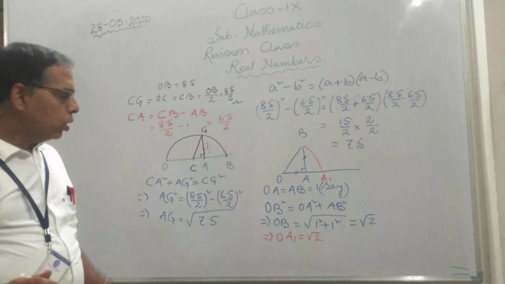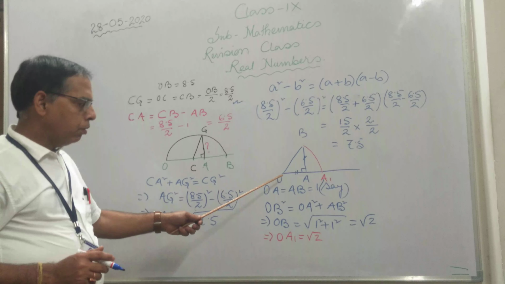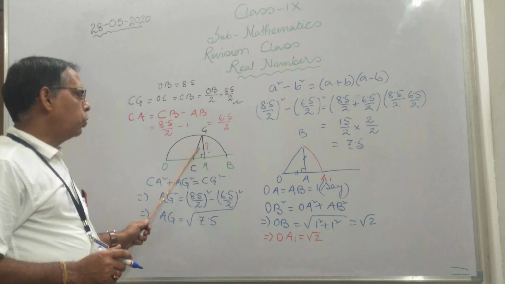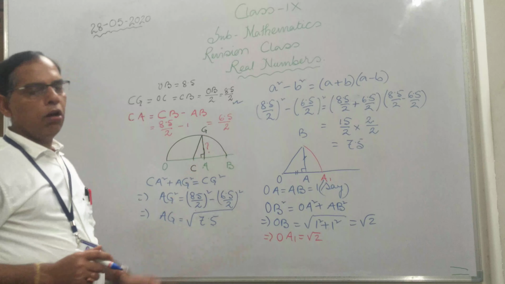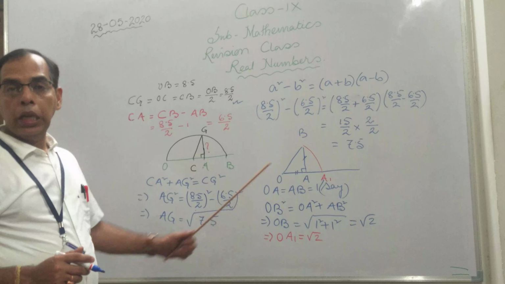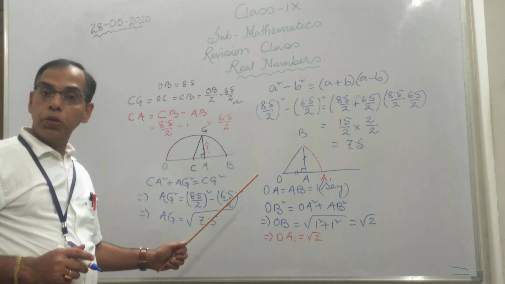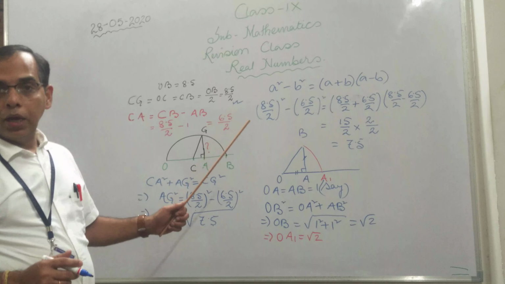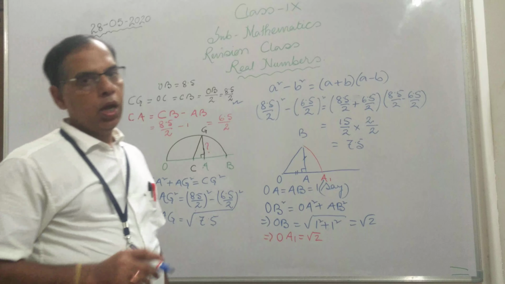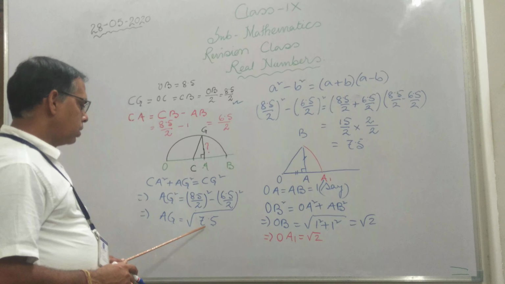So last time, we drew the arc by taking the measurement of OB, but here we'll draw the arc by taking the measurement of AG. Last time it was the hypotenuse, here it is the altitude. Last time, if a whole number was under the radical sign, it was the hypotenuse, and if it is a fractional number under the radical sign, then you take the altitude and draw the arc. So here we got AG, and AG is 7.5.